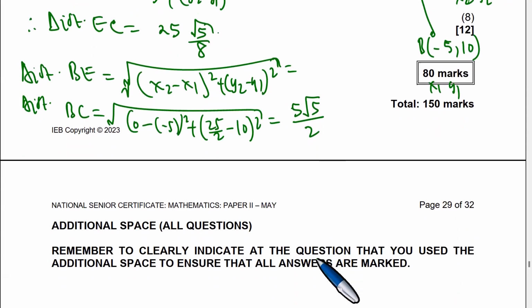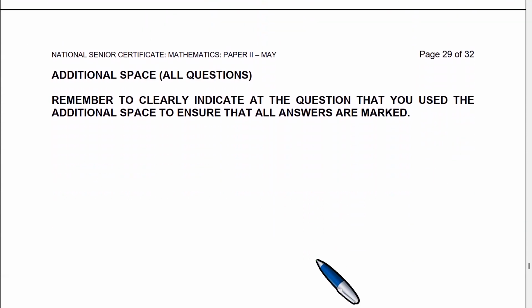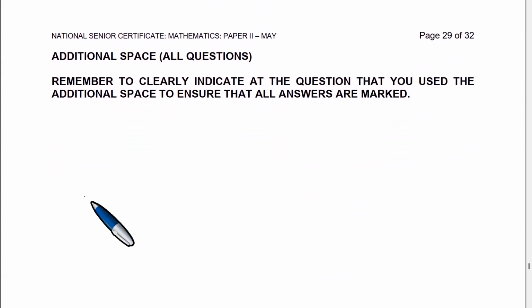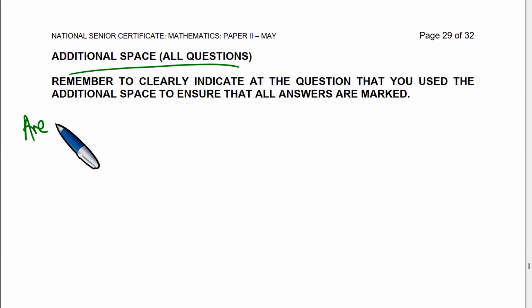What is the area of the trapezium? They provided more space here for us to finish off the question. Remember to clearly indicate additional space, all questions. So you realize if they did this in June, now in May, because some students wrote in May this year, they're very likely to provide extra space.